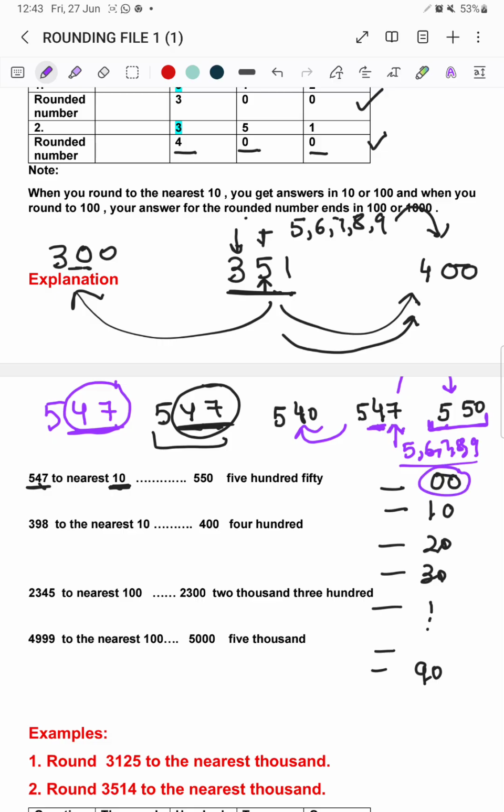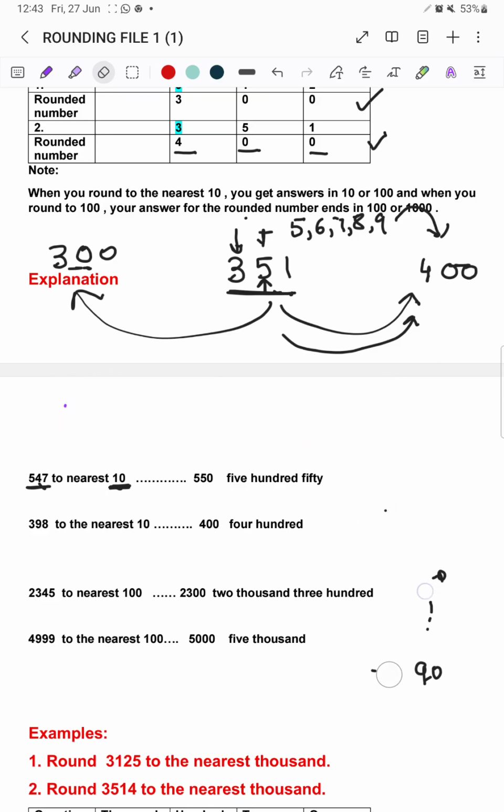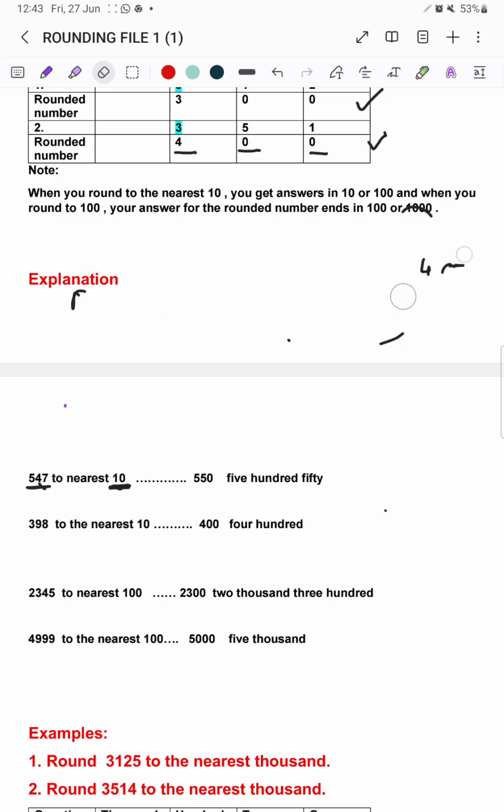Okay. Now another important example. I have tried to cover all the different kinds of examples in this video, so please watch this video until the end. Now the next is 398, and you have to round it to the nearest tens.